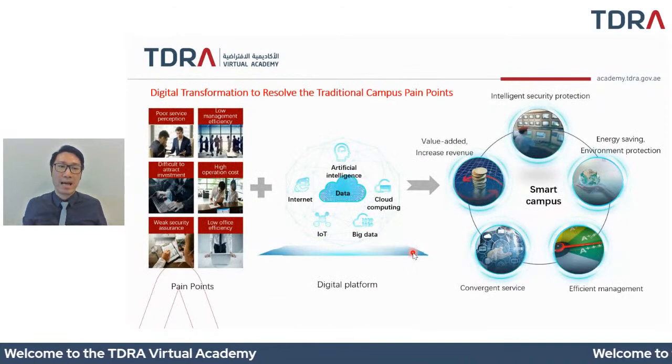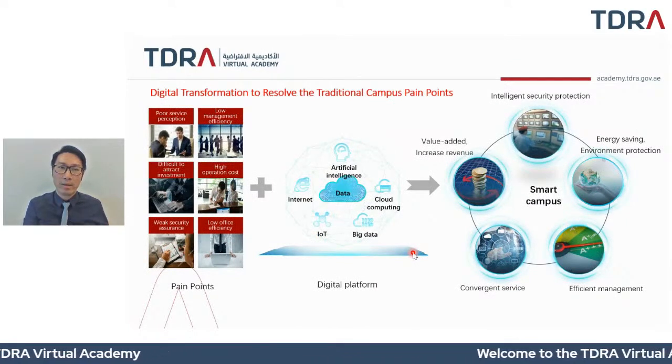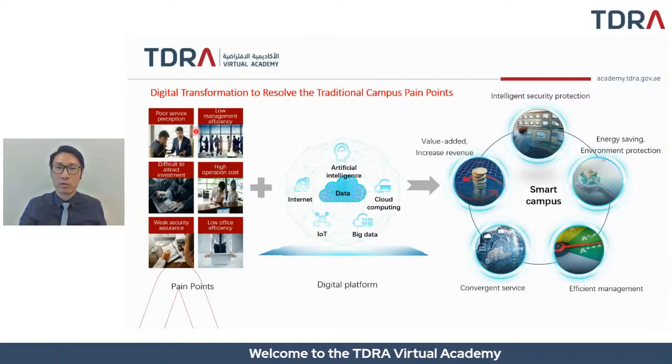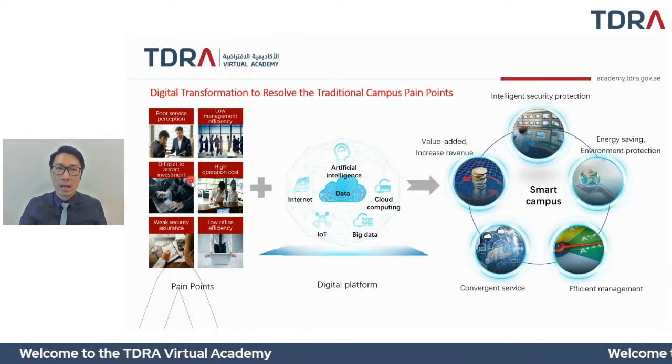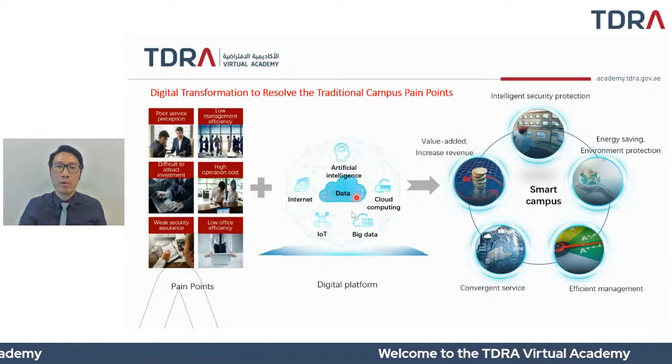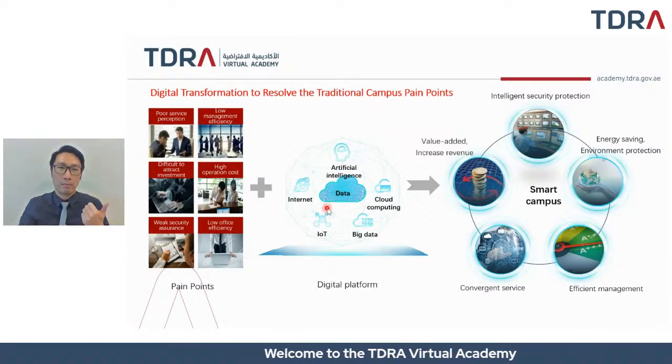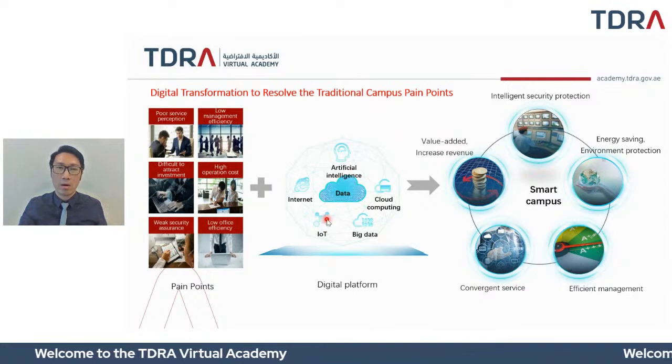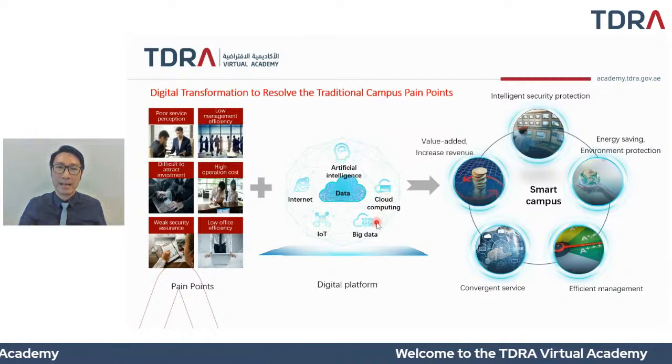So how can we identify all the pain points here? We are currently trying to identify which processes we want to improve, and we will use new technology, for example connections, IoT, the Internet of Things, AI, big data, and 5G connections.